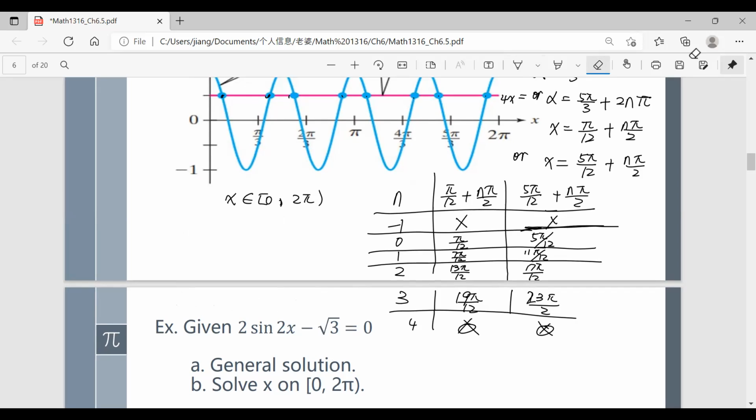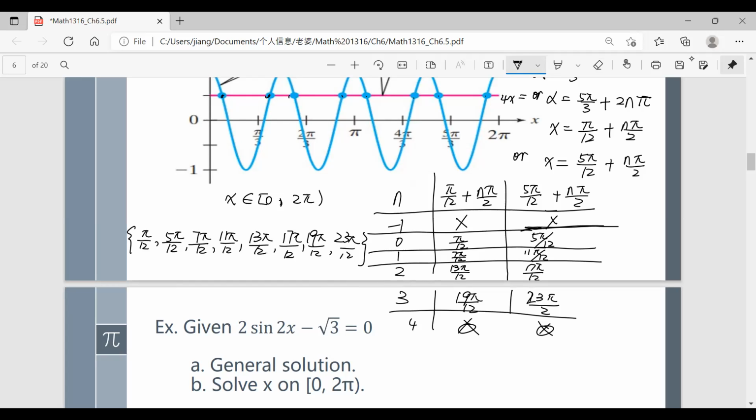So first one, pi over 12. 5 pi over 12. 7 pi over 12. 11 pi over 12. 13 pi over 12. 17 pi over 12. 19 pi over 12. 23 pi over 12.